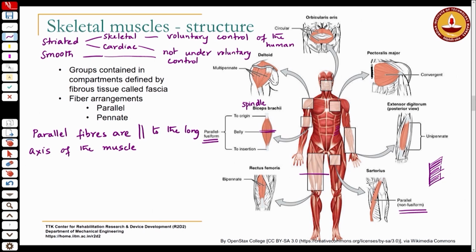And it is more or less flat. So these are flat muscles, and these are again a parallel fiber arrangement. You have a flat arrangement.